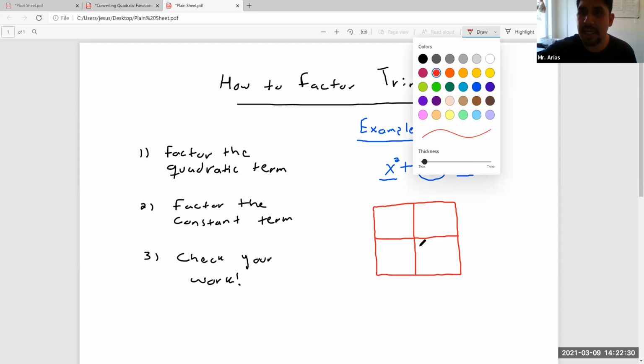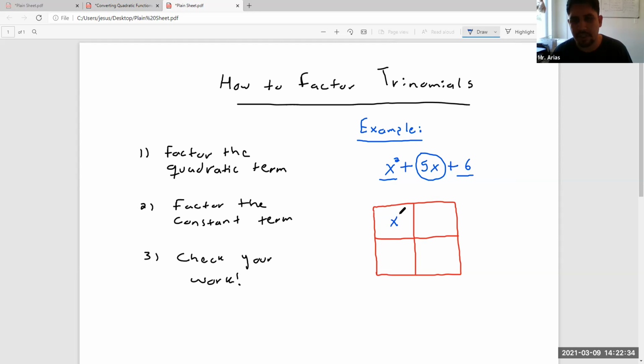So what this means is that I'm going to place these terms in those positions. So x to the power of 2 in the top left section inside the box, and then positive 6 in the bottom right section inside the box. Okay. Also, another comment is that these entries here are going to be empty for now, but then eventually when we find the factors of x to the power of 2 and 6, we're going to actually find the values that will go into these spaces right here.